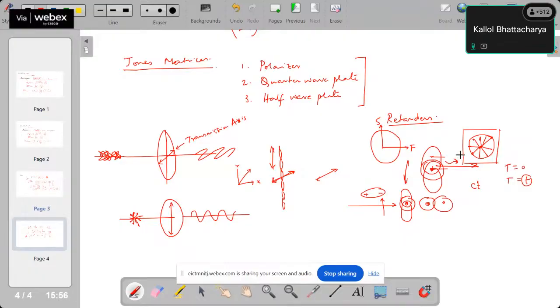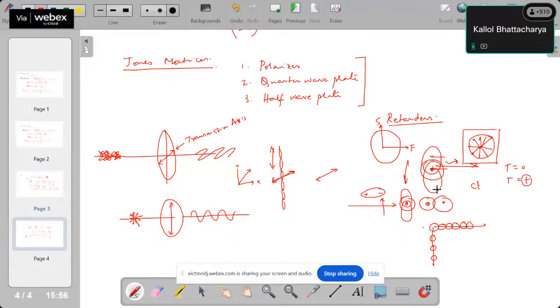Now, although this takes a little time, if you have more atoms in one direction and fewer atoms in the other direction, then obviously we can say that this will be the faster axis because there are fewer atoms to interact with. And this will be the slower axis because there are more atoms, and each of these involves absorption and re-emission.